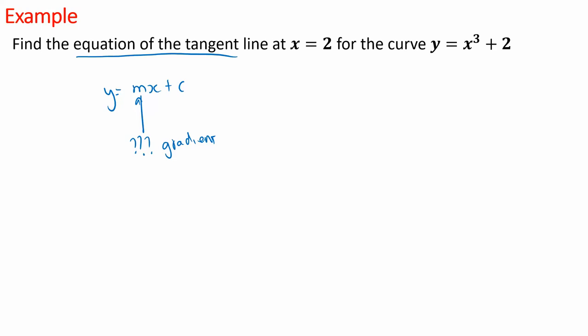So sub in 2. 2 cubed plus 2, so 10 equals 24 plus c. So c is -14. Oh, did you find the gradient already? Yes, you're right. Very good. So y equals 12x minus 14. Wow, linear equations. Too easy. I mean, you have to write it down. Come on, do it.